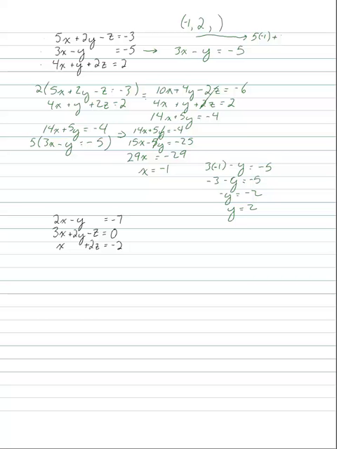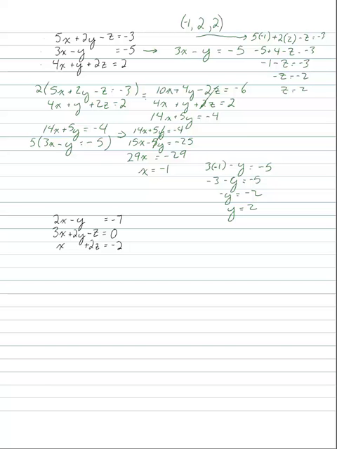Make sure you don't screw up your signs. So plus 2 times 2 minus z equals negative 3. So negative 5 plus 4 minus z equals negative 3. Negative 1 minus z equals negative 3. So negative z is going to equal negative 2. Z will equal a positive 2.